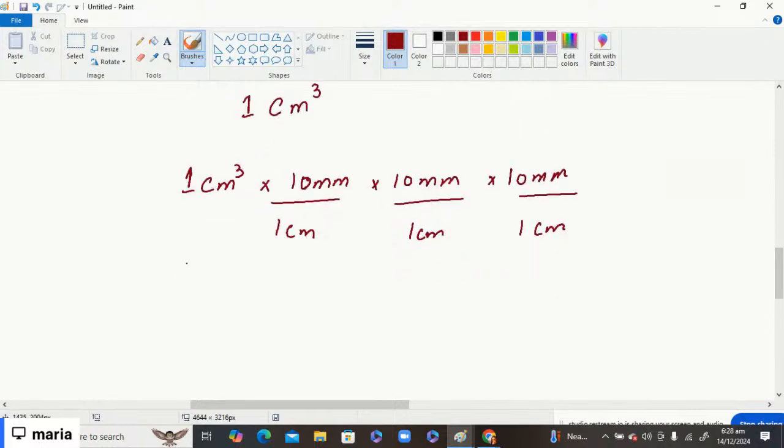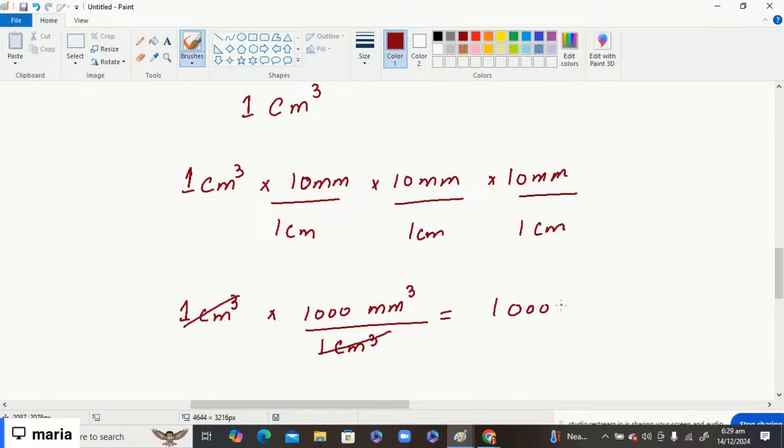What's the answer for this? 10 times 10 times 10 is 1000 millimeter cube. The centimeter cube units cancel out, and it becomes 1000 millimeter cube. Okay, that is basically the digit.